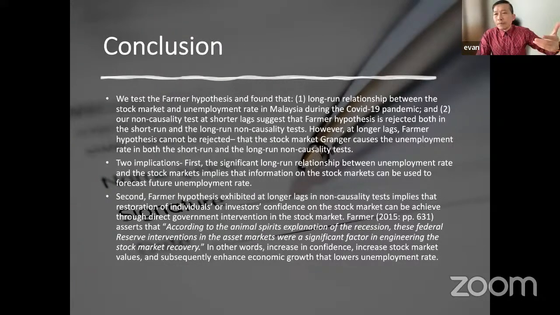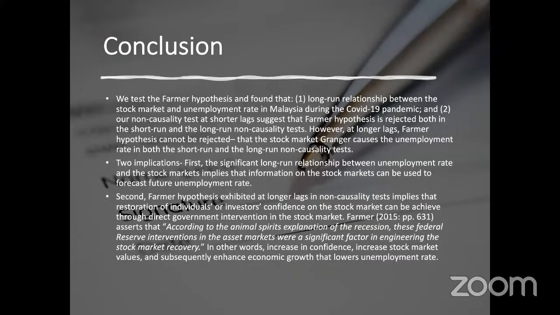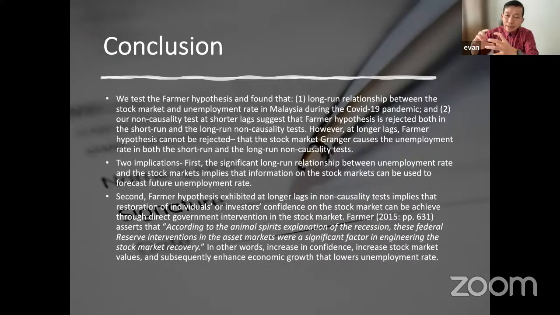But then again, what this paper suggests is that with government intervention into the stock market, we can detect the farmer's hypothesis in a much longer period of time. It means that it takes time for the government to intervene in the stock market, and then we can prove that it will impact unemployment itself, which supports the farmer's hypothesis. Increase in confidence, increase in stock market value, subsequently enhances economic growth. It will lower the unemployment, hopefully, in a much longer period of time.